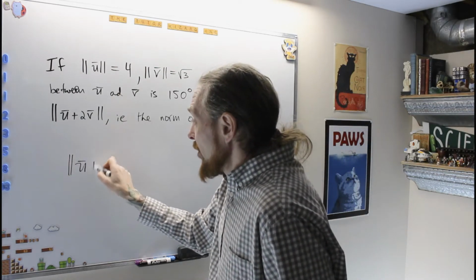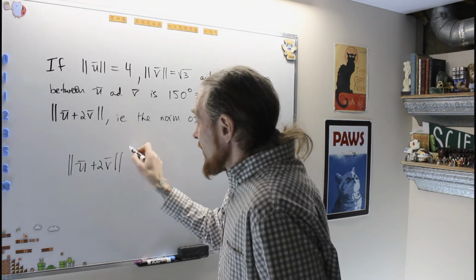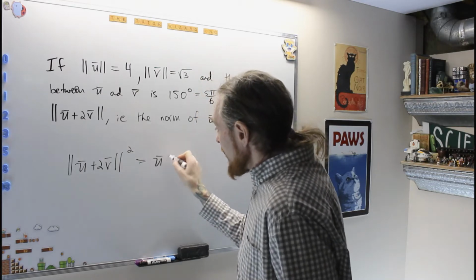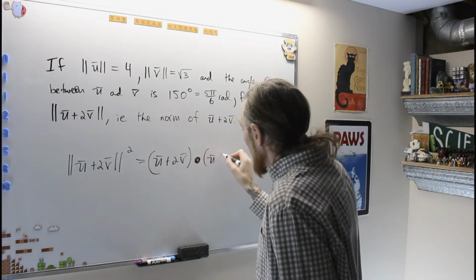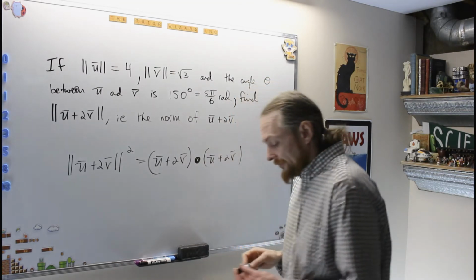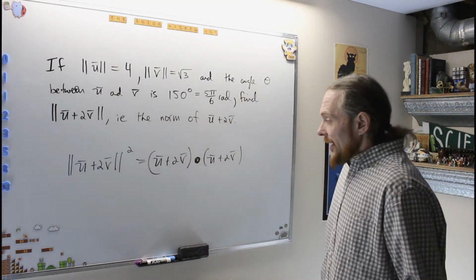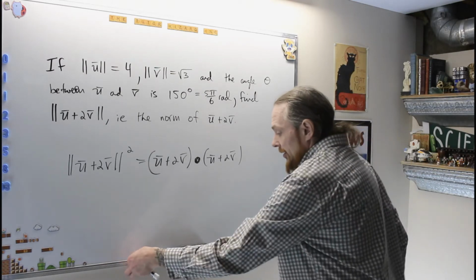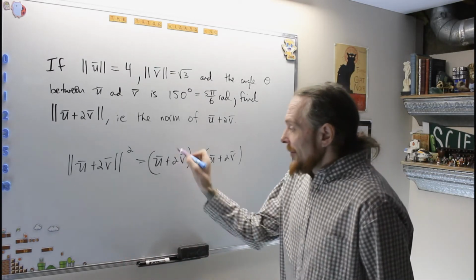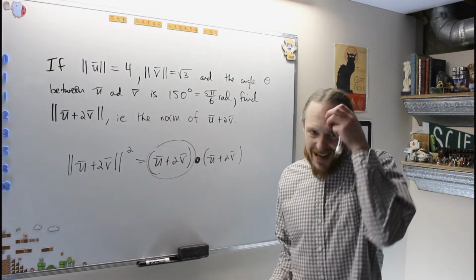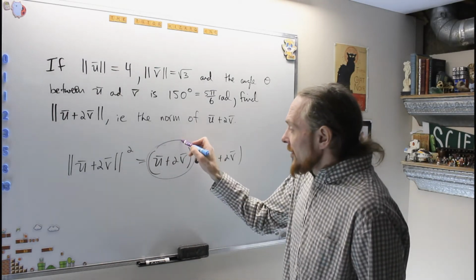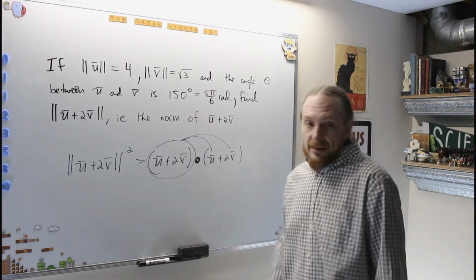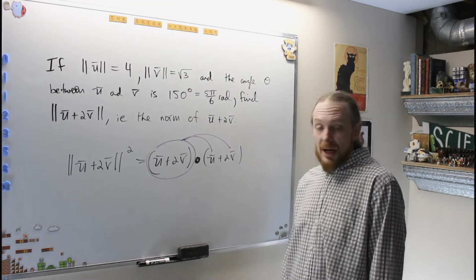The norm of u plus 2v squared is equal to u plus 2v dot product with u plus 2v. Now what I'm really doing with that is treating this as a single vector, say w, and then distributing it using the properties of dot product.